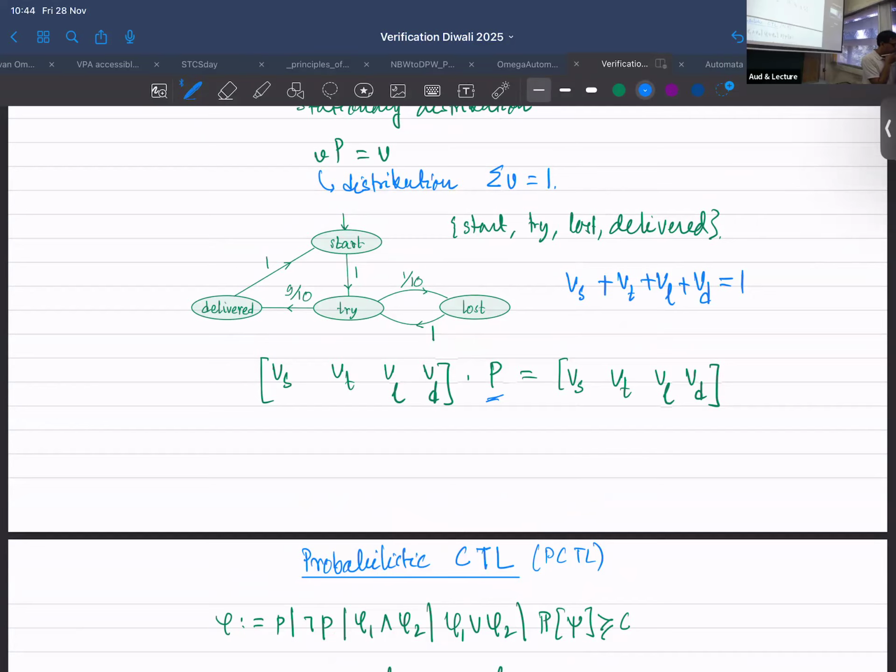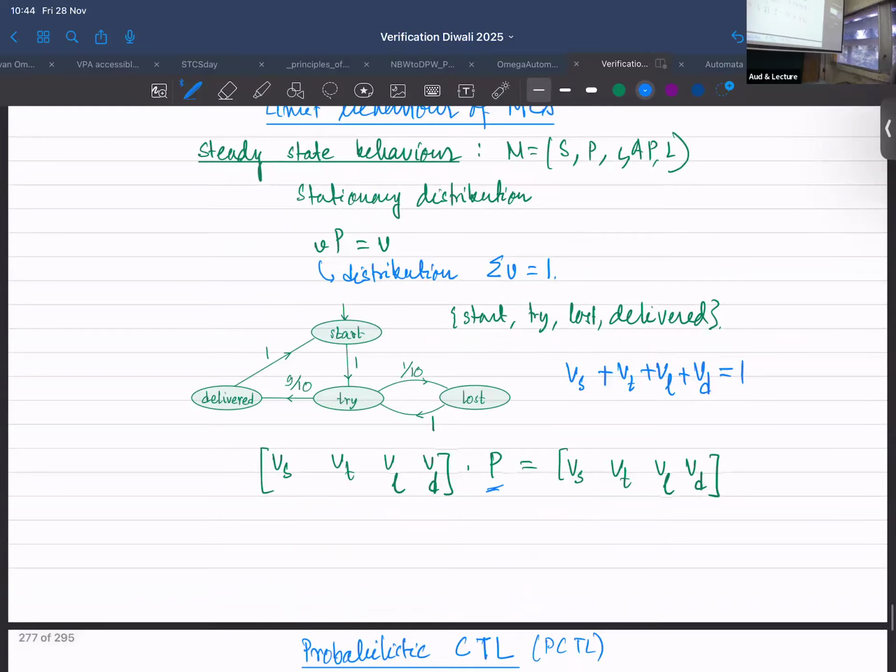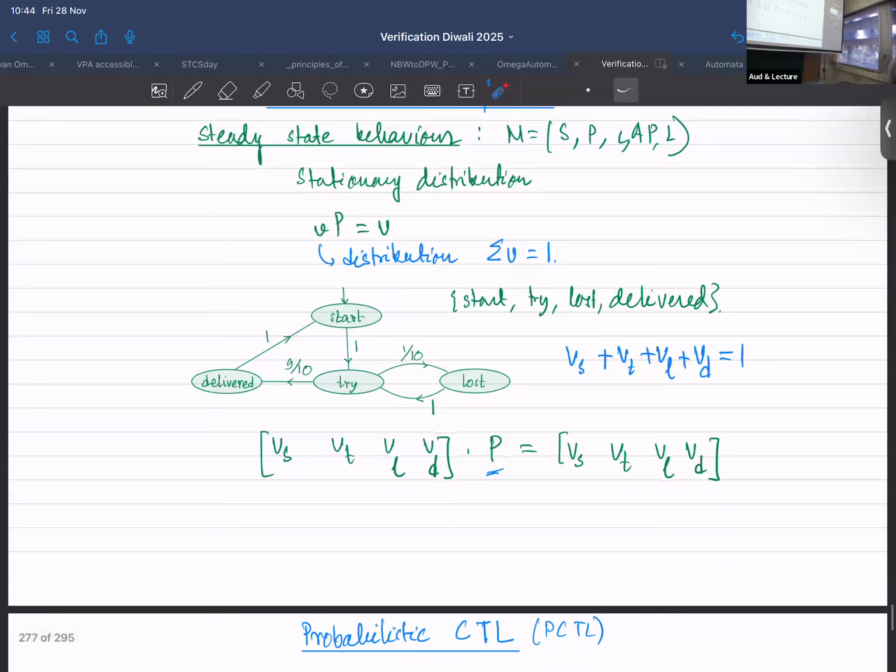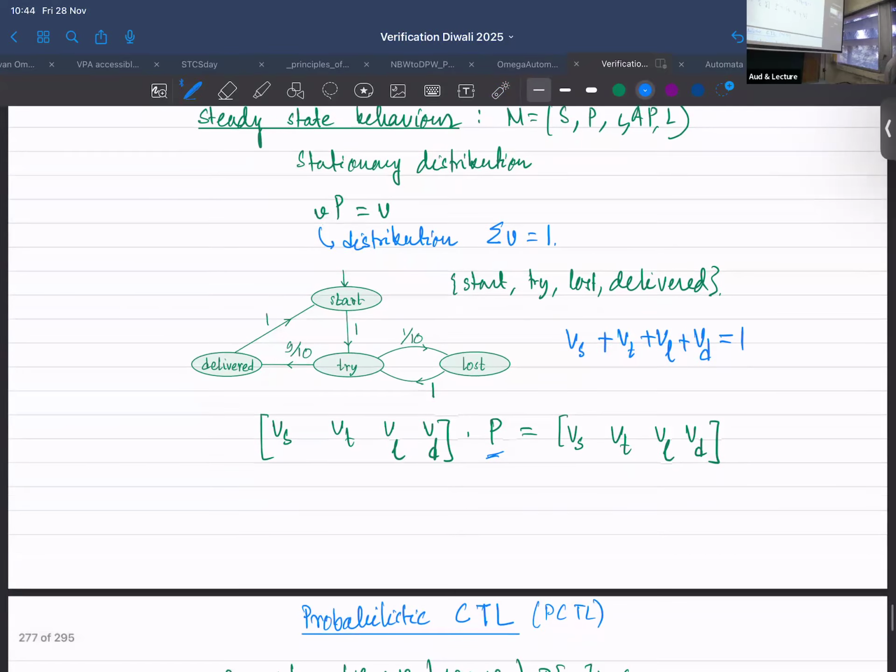Okay, right. So V is the distribution, in the sense that it's the fraction with which I'm staying in each of the states, and the summation of V is 1, and then V times P should be V. If I try to see how the P looks, I'm just trying to find my transition probabilities.